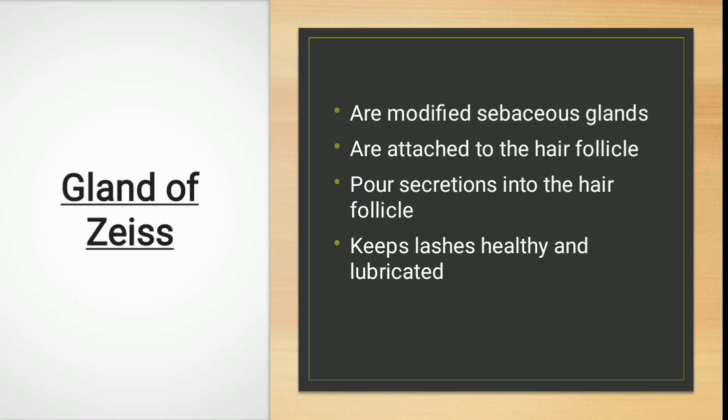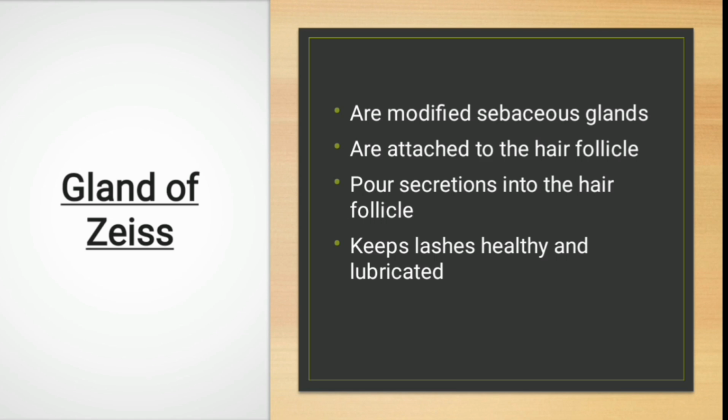The glands of Zeis are basically modified sebaceous glands. Sebaceous gland means that they secrete sebum, which is an oily secretion, right? It's an oil, or a fatty product. The glands that produce sebum or oily secretions are the sebaceous glands, and they are attached to the hair follicle.